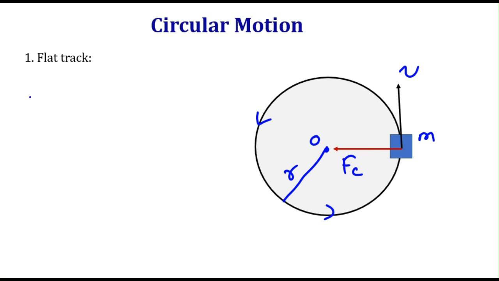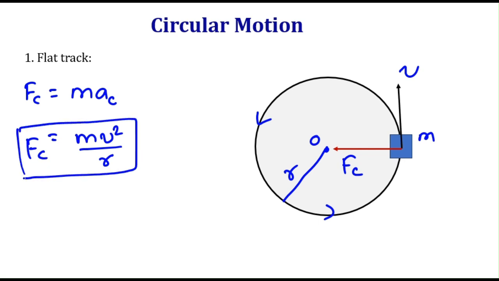And we know that centripetal force can be written as mass into centripetal acceleration. We are taking only magnitudes for the sake of convenience because we know the direction. It is towards the center, always perpendicular to this velocity. We have already calculated this centripetal acceleration as v square by r in our previous videos. So centripetal force will be mv square by r.